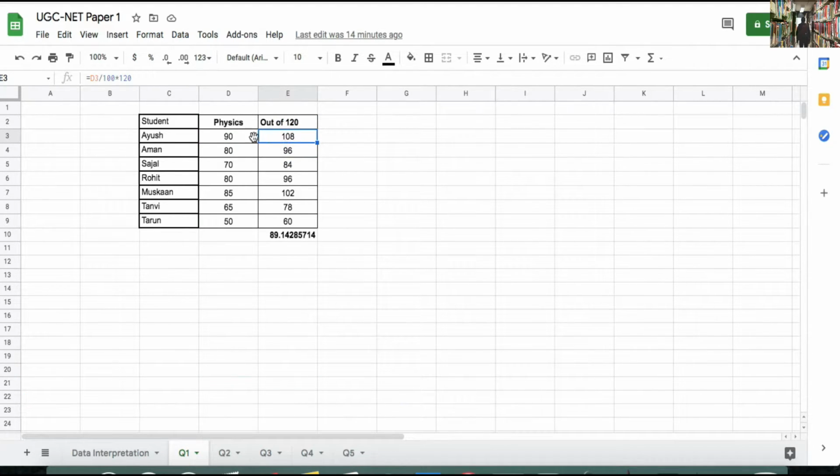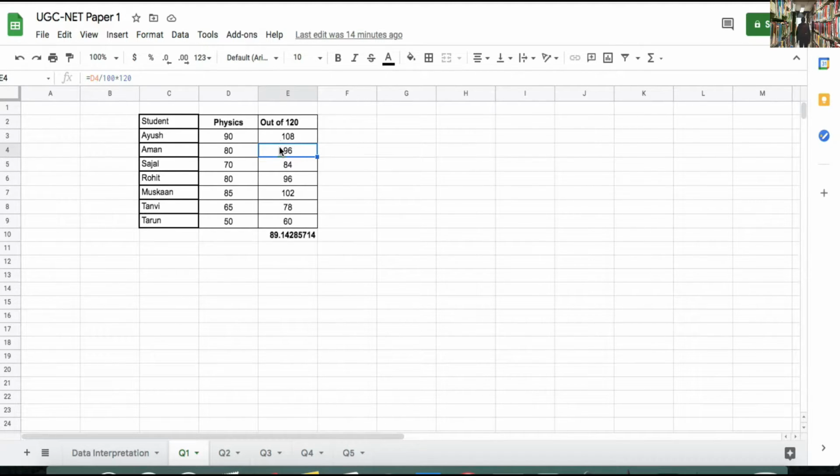If it's difficult, 90 out of 100 he scored 90, so out of 120 it's 90 divided by 100 into 120. Same goes with 80 divided by 100 into 120, and you can check the marks obtained in physics for all these students. So these are the marks.